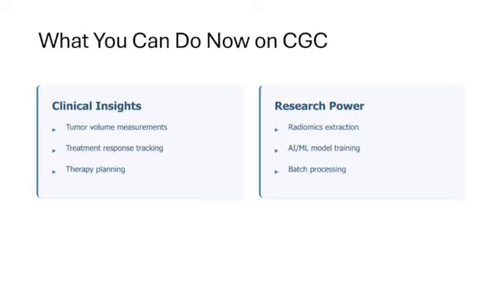On the clinical side, you could measure tumor volume, track treatment response over time, and plan additional precision medicine therapies. For research power, you can extract radiomic features, train AI or machine learning models, and scale up using batch processing.